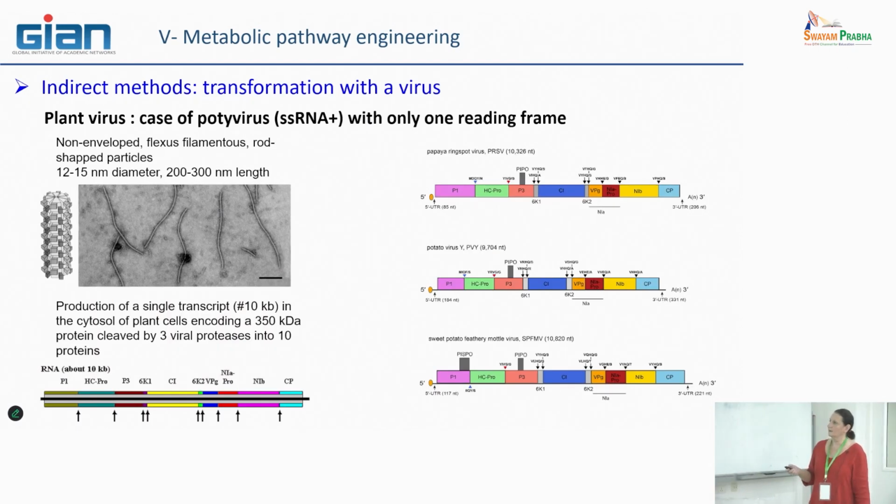This is a second class of virus that are also very interesting, that can be found in several types of plants, and viruses are quite specific to specific plants, okay? So you can find them, for example, in papaya, in potatoes, and also here in sweet potato.